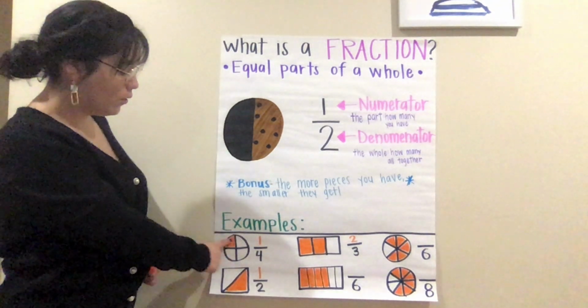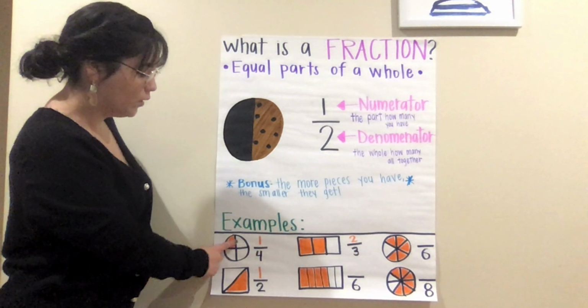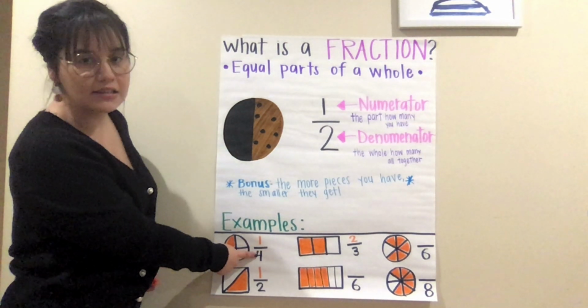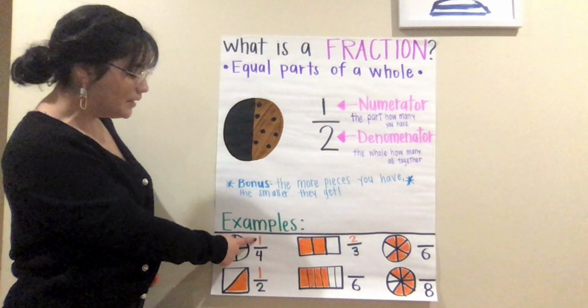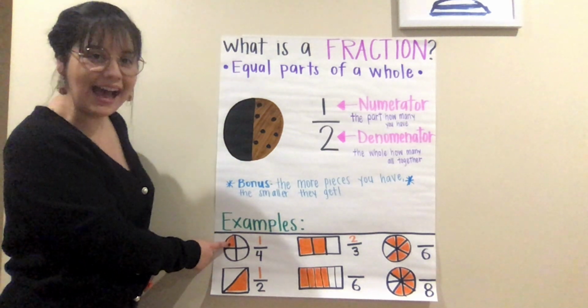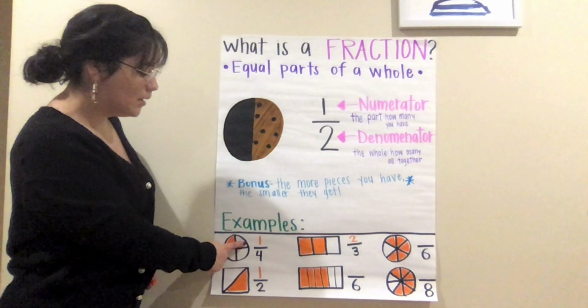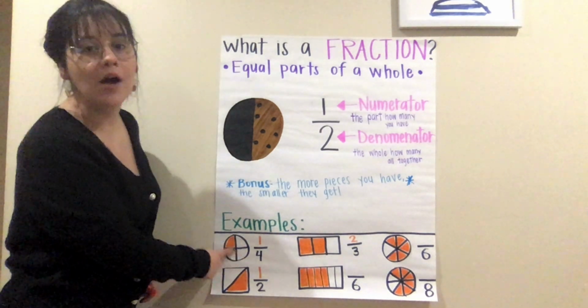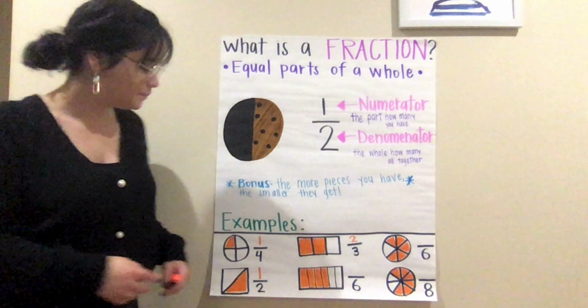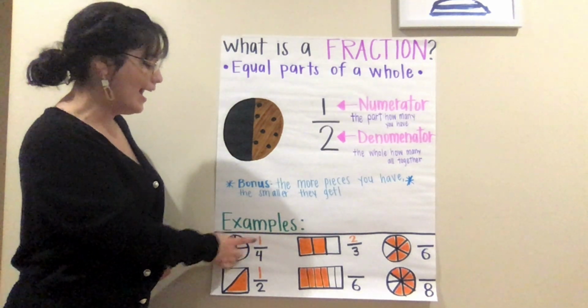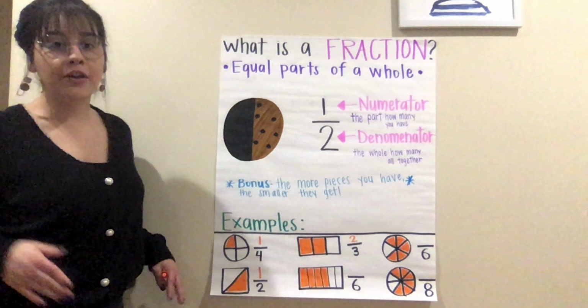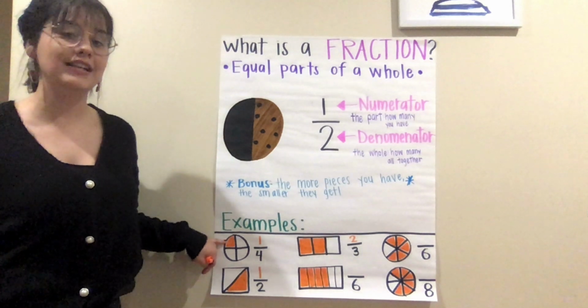I had 1 orange piece out of 4 pieces. Remember that the top number is how many pieces I have, and the bottom number is the whole, how many pieces I was talking about. So I have 1 out of 4. 1/4 of my circle is orange.